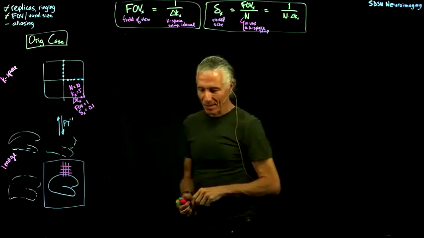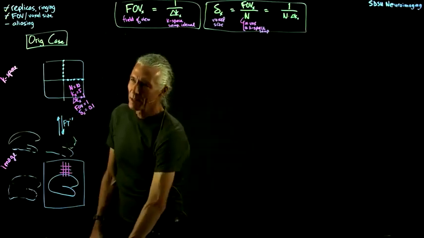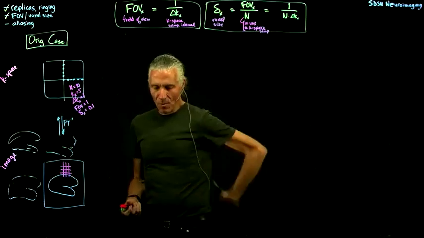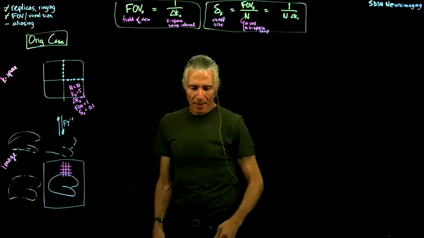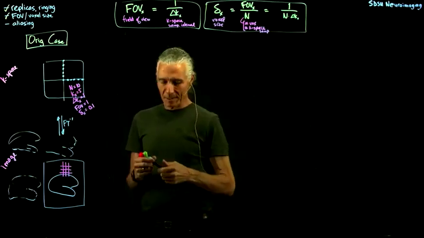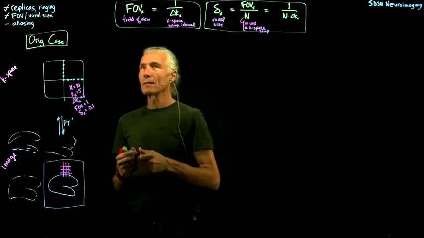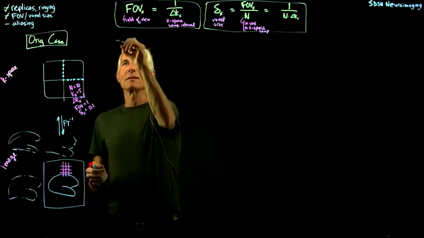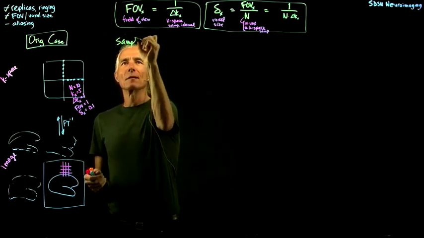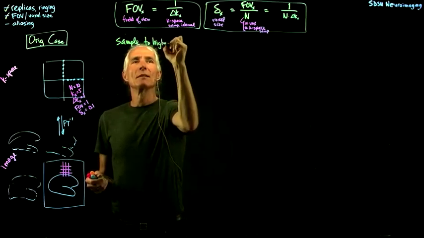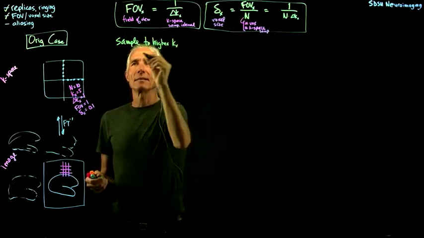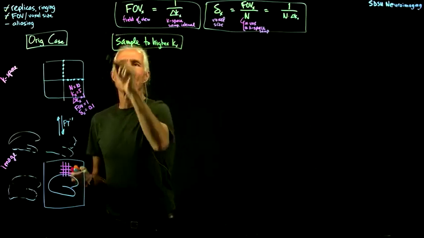So now let's start messing around with our data. One of the things we could do is sample out to a higher spatial frequency. So there's our original case. Now sample to higher kx, higher spatial frequency.